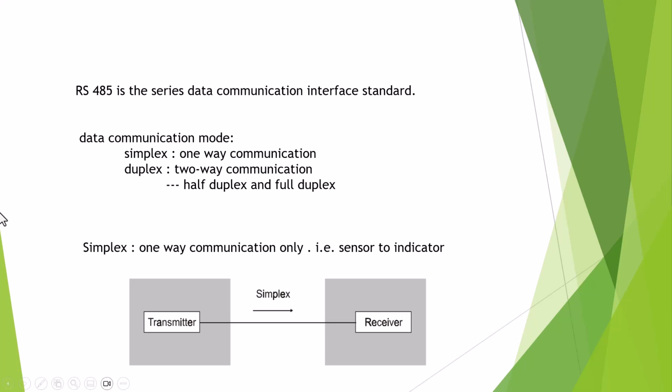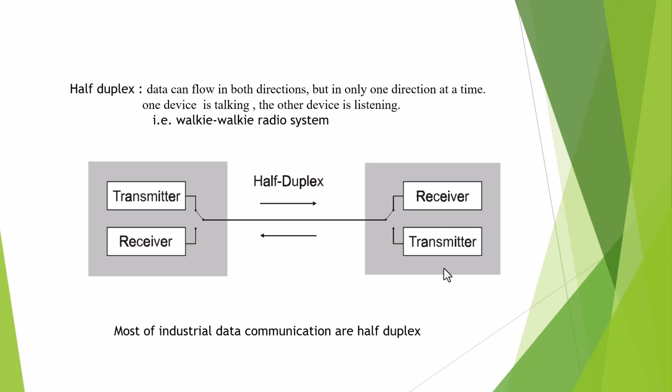Like in this picture, one device has a transmitter and one device has a receiver. The signal goes from the transmitter to the receiver, never from the receiver to the transmitter. This is called simplex. An example is a sensor to an indicator.